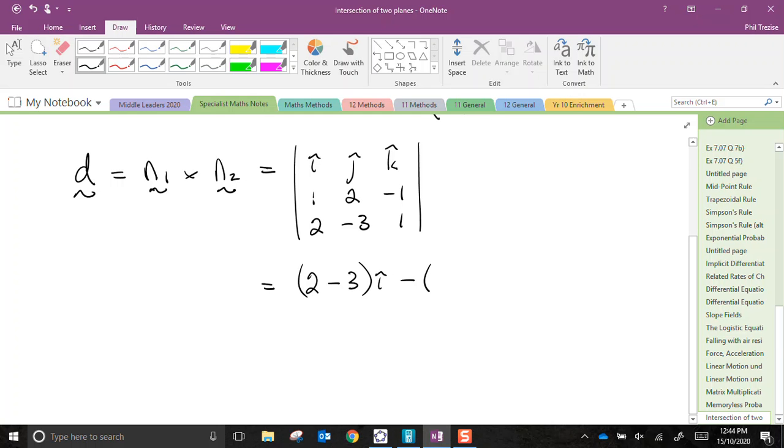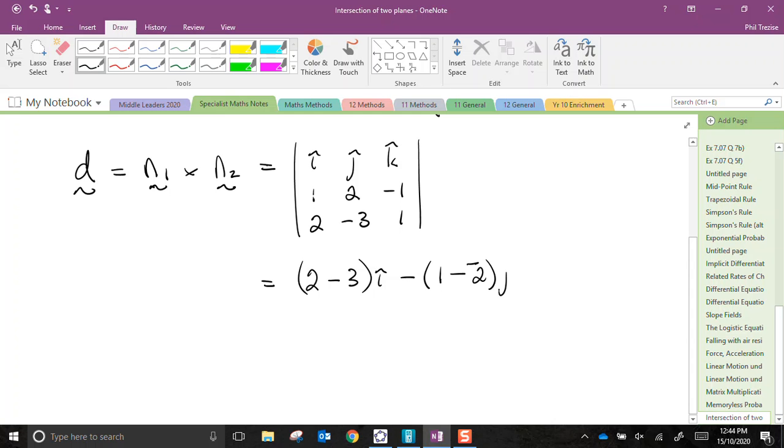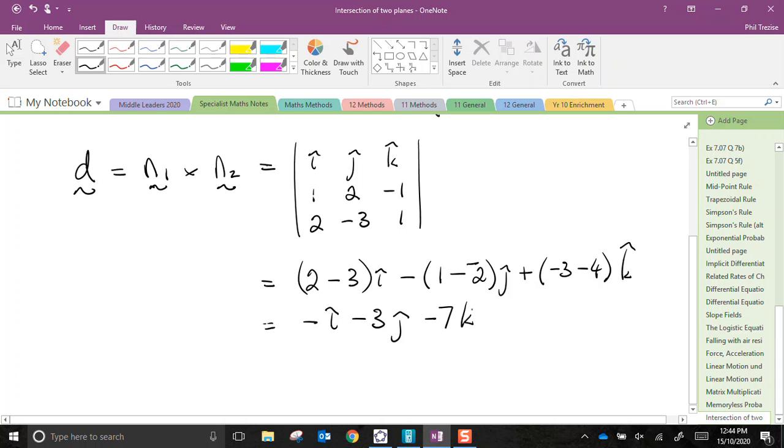Always remember negative for the j component. 1 times 1 is 1 minus negative 2, j component. Then for the negative 3, subtract 4. Okay, let's just simplify. That is negative i, that's plus, so that's minus 3j, and that's minus 7.